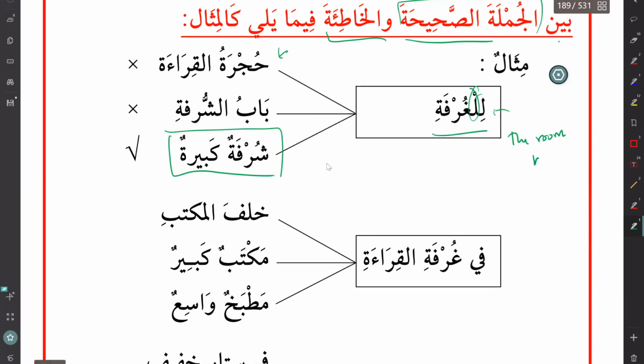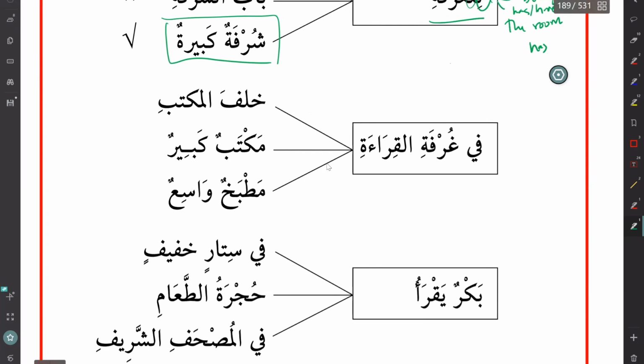The room has. Because this li has three different kinds of meaning. Remember we talked about this: it can be for, it can be belongs to, it can also be has or have. You understand? So we can translate that the room has a big balcony. So this one seems to be the correct answer.